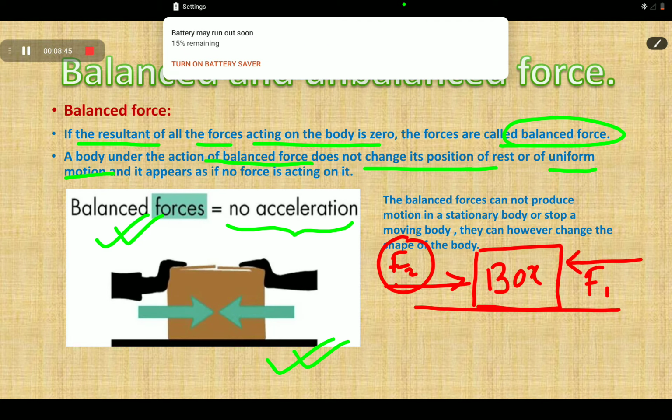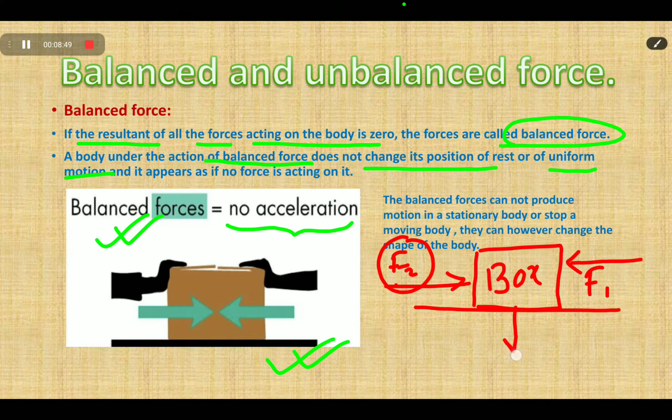The third is the force of gravity, which pulls the box in the downward direction, and this force of gravity is balanced by another force, that is the force of reaction, exerted by the table on the box.